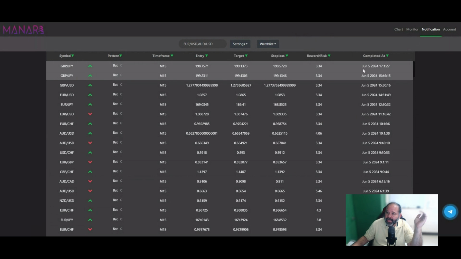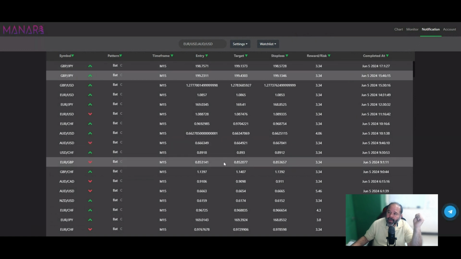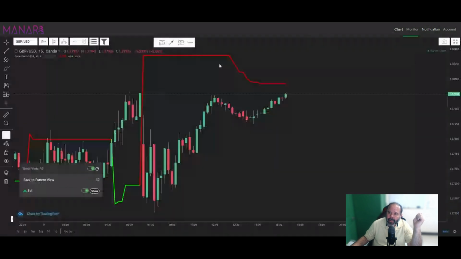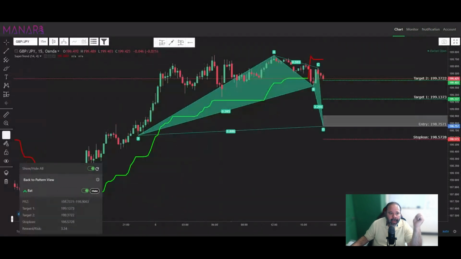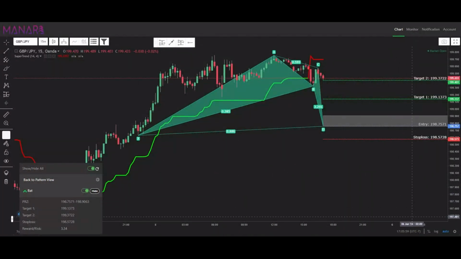Now you can see that on the top right, you can see the date and time when this notification arrived. I'm going to click the last one, the one on top. Down here, you can see the time zone. Click on it.